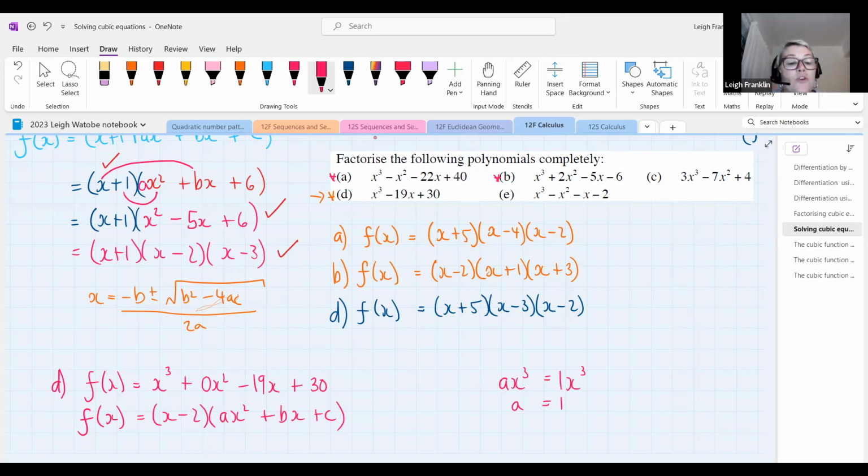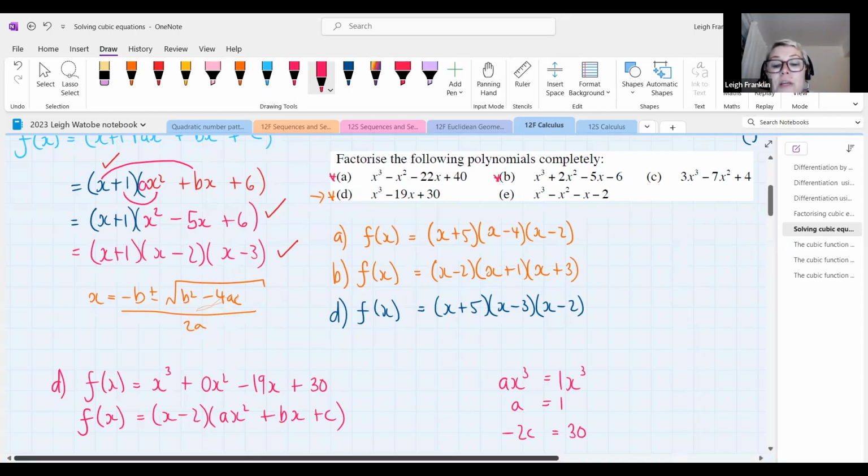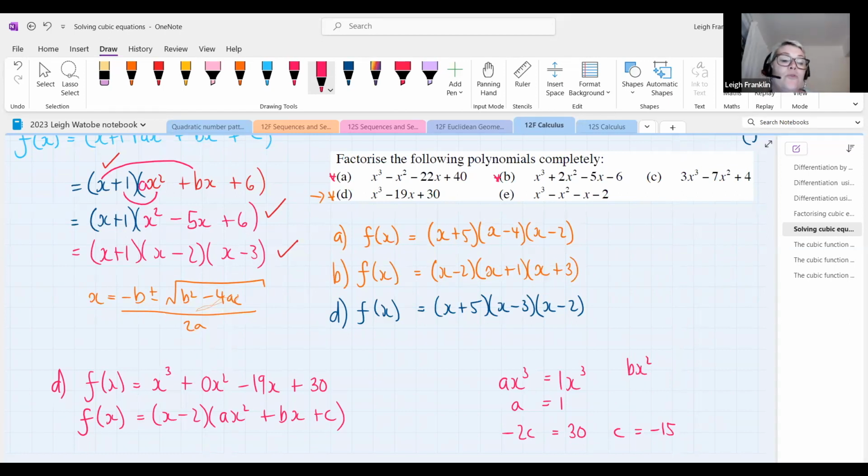As far as my c term is concerned, minus 2 times c would be minus 2c, equal to positive 30, so c is equal to negative 15. For b, I would end up with bx squared, and a was 1, so minus 2 times 1x squared gives minus 2x squared, which is equal to 0x squared. That means b minus 2 is 0, so b is equal to 2.